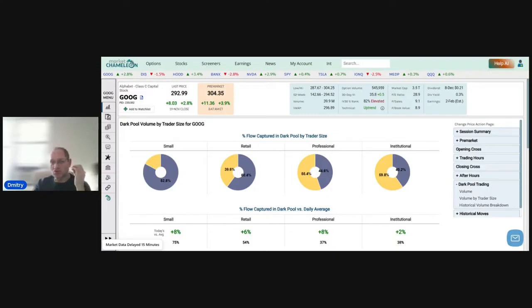Okay, that's the most valuable that you would want to trade against, and the most valuable where liquidity providers want to trade against the retail order flow, because that's considered uninformed.